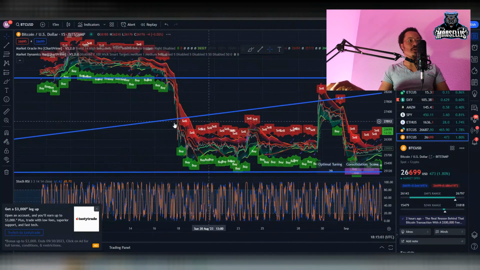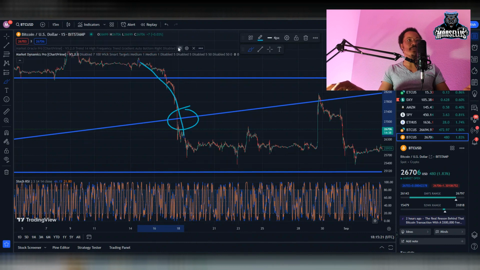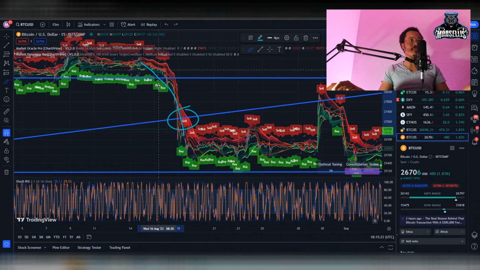So when we go all the way back here, this is about the 17th of August. When we dropped below that, that was a very crucial moment inside of Bitcoin because that pretty much then put us on that bearish path. The second we dropped below that and went down, we then turned bearish inside of Bitcoin. So that's very, very important.